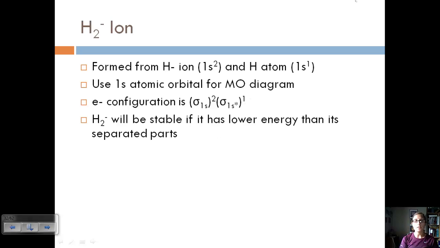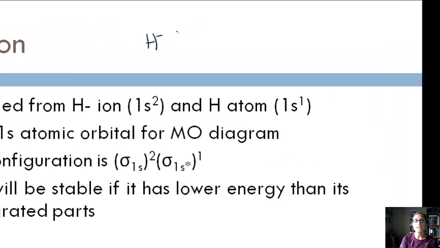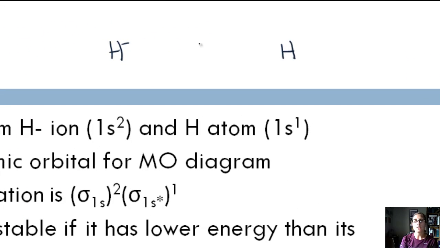Okay, let's look at a picture of this before we go on. So we've got our H- ion and our H atom. And so this is contributing 2 electrons, and this is contributing 1 electron. And then we have our antibonding, and our bonding.